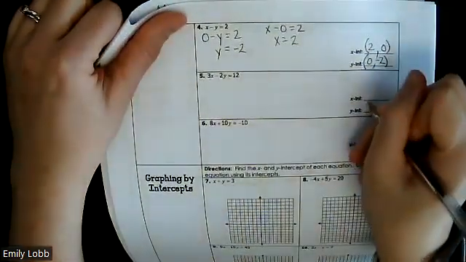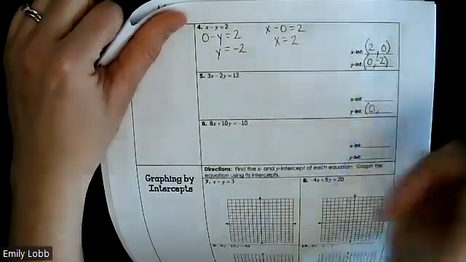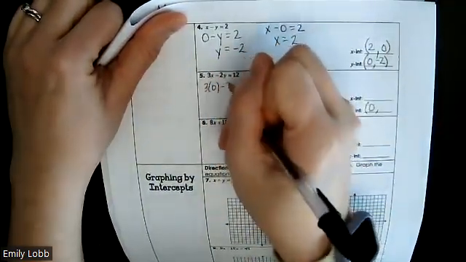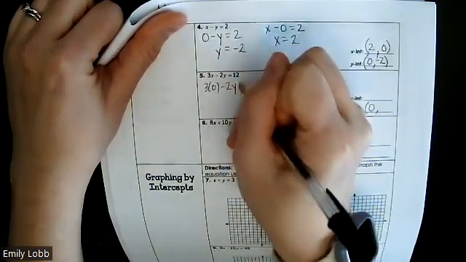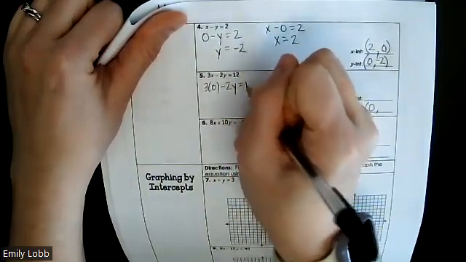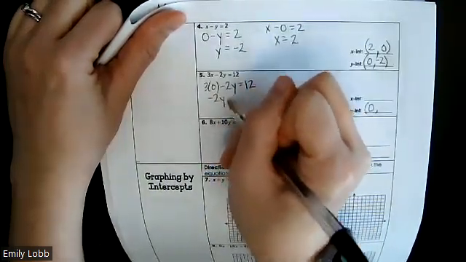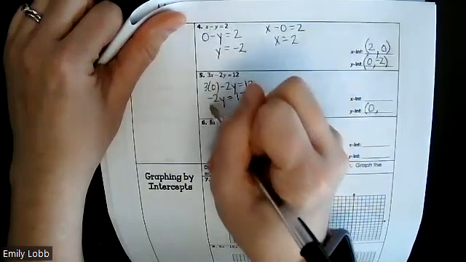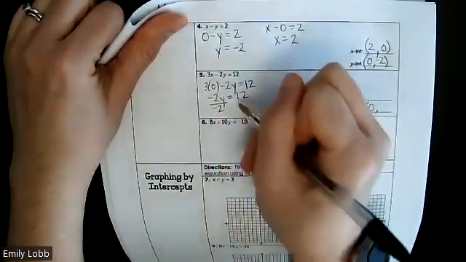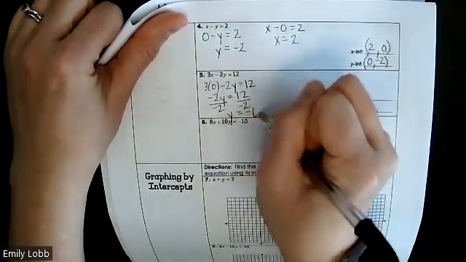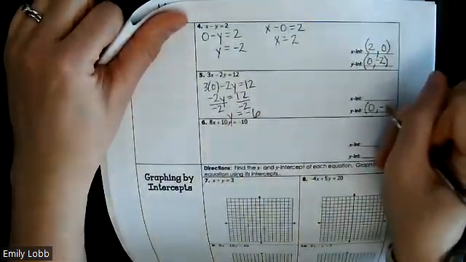So our y-intercept is when x equals 0. So 3 times 0 minus 2y is equal to 12. So if negative 2y is equal to 12, we would just be dividing both sides by negative 2. So y is equal to negative 6 when x equals 0.